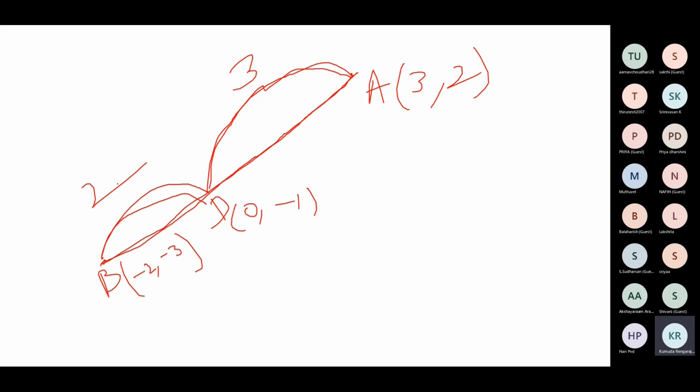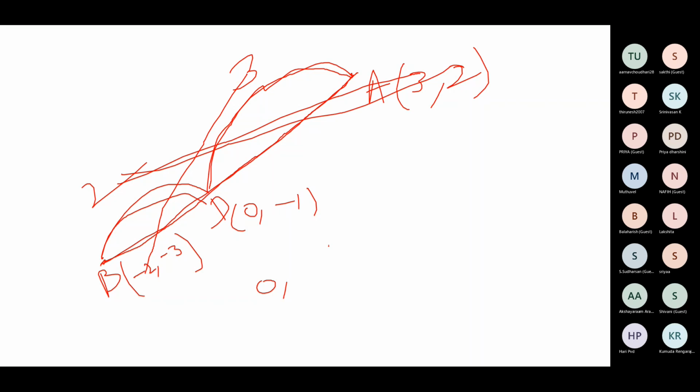The x coordinate is 2 into 3, 6, plus 3 into minus 2, minus 6. So 6 minus 6 by 5, which is 0. Comma, 2 into 2, 4, plus 3 into minus 3, so that will be minus 9.